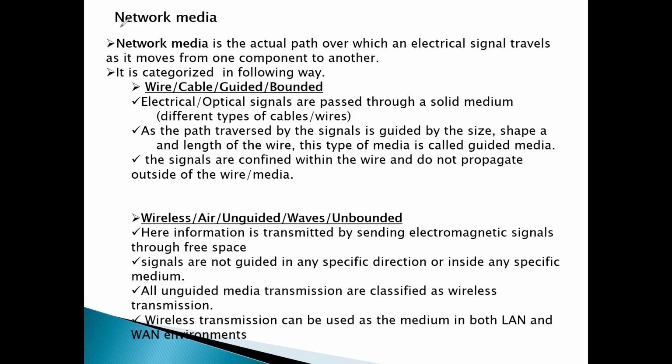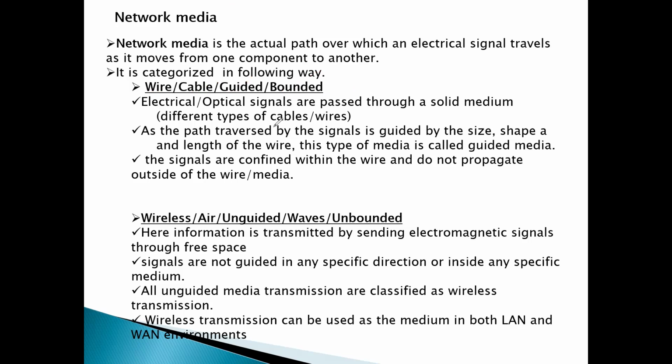We need to have network media. Network media is the actual path over which an electrical signal travels as it moves from one computer to another. It is categorized as follows. There are two types of network media: wire and wireless. Wire is also called cable, guided media, bounded media, or physical media. So cable, wire, or physical media, same.